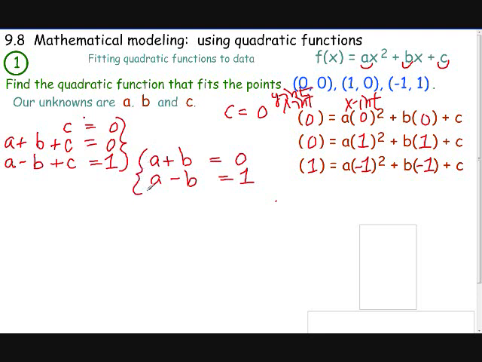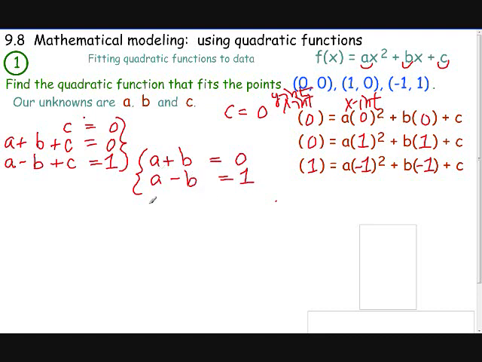Now I have a system of equations. I had a system of 3 equations here. I have substituted in the value for c, giving myself a system of equations which only has two variables. This is more familiar to us.